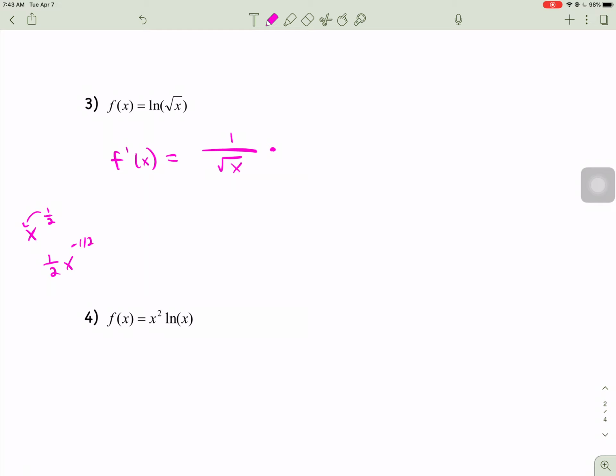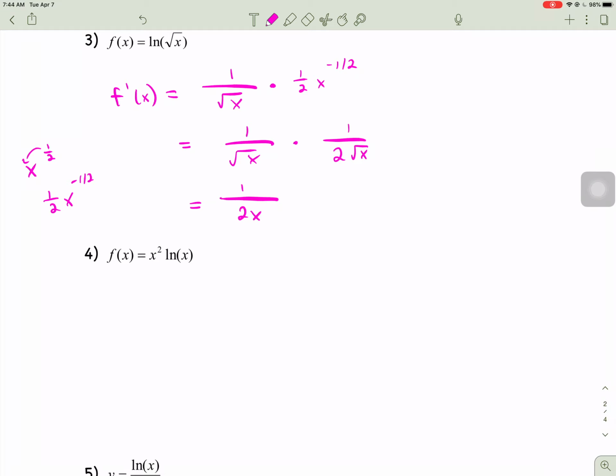So times 1/2 x to the negative 1/2, which we can rewrite as 1 over rad x times 1 over 2 x to the positive 1/2, or rad x. So now how do we multiply this? Let's see, 1 times 1 is 1. Rad x times 2 times rad x, well, rad x times rad x, add the exponents, that's just x, so you get 1 over 2x.